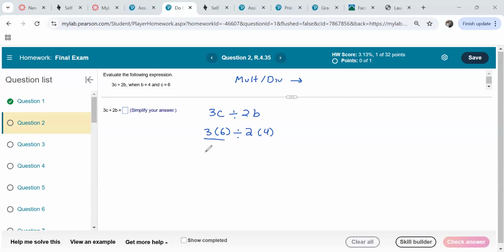So we get the 3 times 6, so I get my 18. Then going left to right, we get the division. So the 18 divided by 2 gives me 9. And then I'm just left with these two, so I get 36.